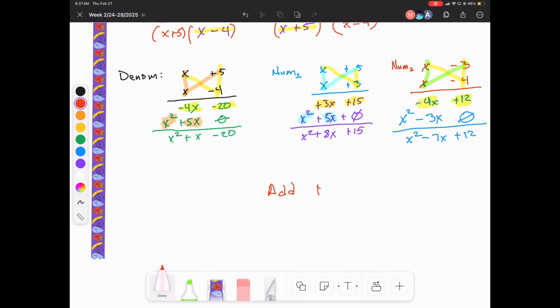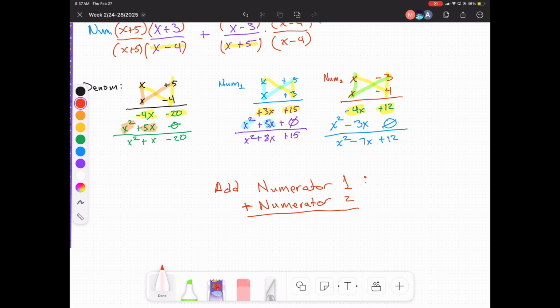So I have to add numerator 1 to numerator 2. I'm using this graphic organizer to help me organize my thoughts, because some of y'all need help organizing your thoughts. And numerator 1 is x squared plus 8x plus 15. And I'm color coded just to help you guys visualize.